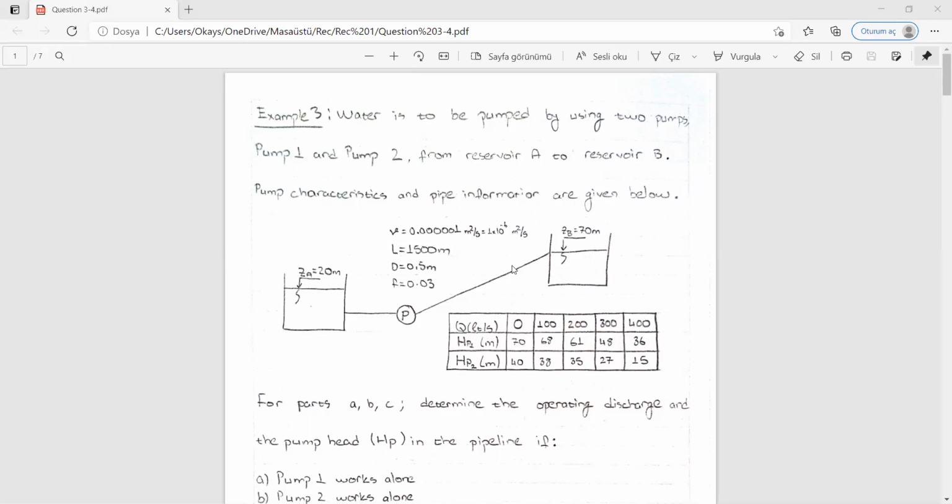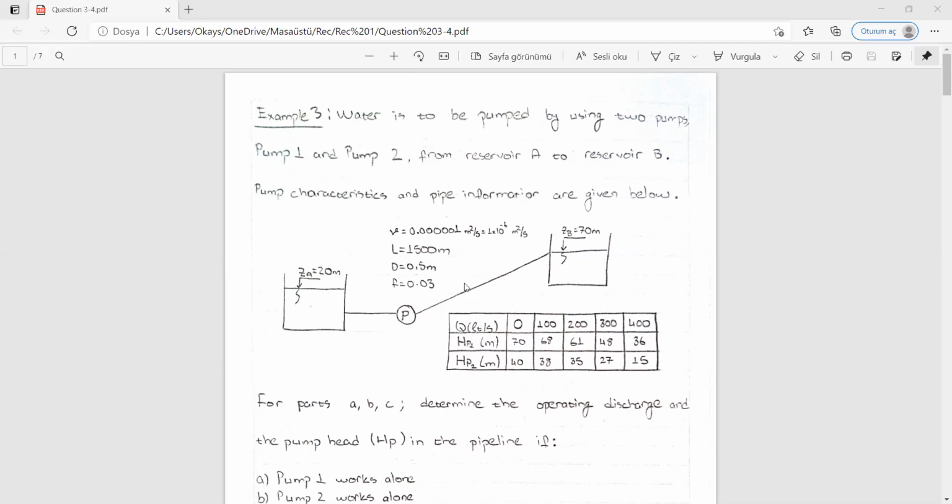And from the equation that we are going to derive from this energy equation, we will put these same discharge values and we will get the pump head values for these same discharges, and we will draw these two into the same graph. And when they coincide, the point that they coincide will be our operating point, and we can read our operating discharge and pump head. This is the procedure.